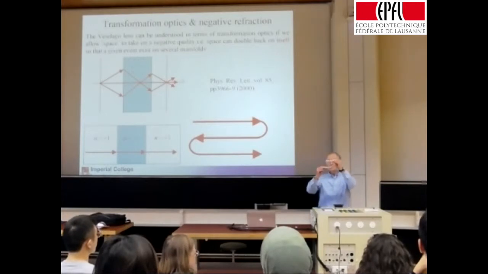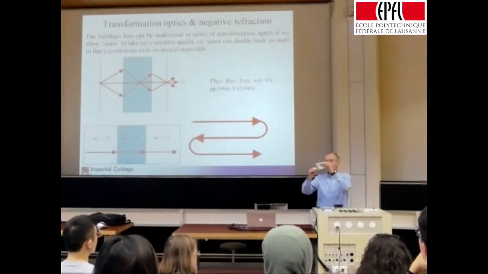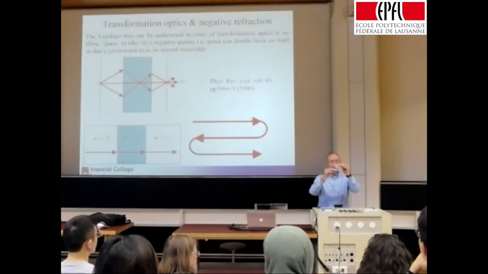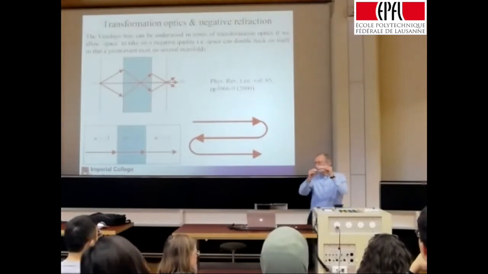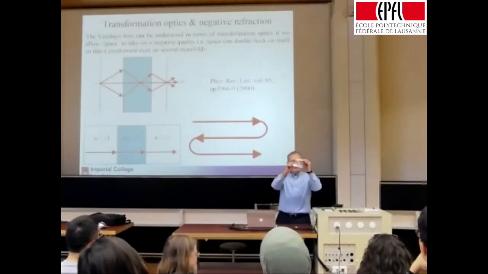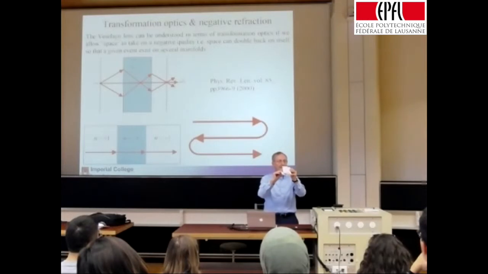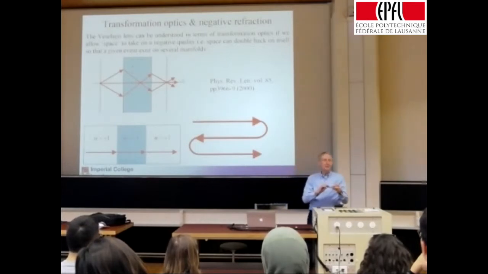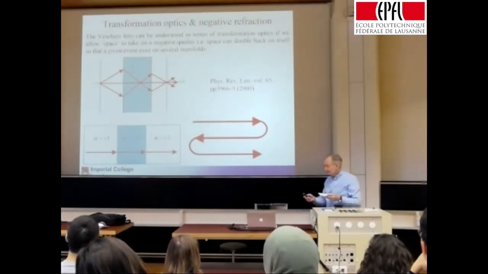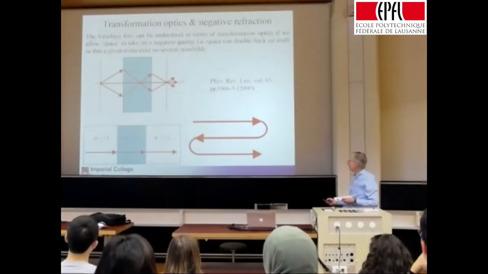So now, by making a space which is compressed, convoluted like that, it is a very, very weird space. What's funny about that space? It has 3 manifolds, so it exists on 3 surfaces. When the light encounters this negative material, you think it's doing this and this.